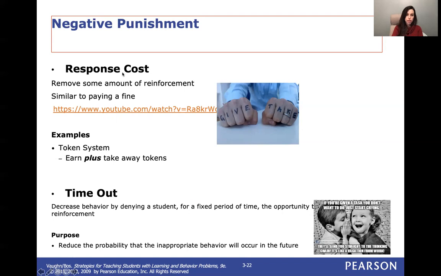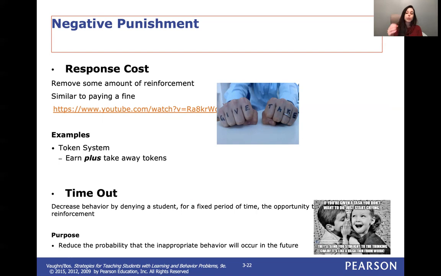Response cost is 1. Basically what you're doing is removing some amount of reinforcement or something they like to decrease that behavior. This is very common in this world. If you've parked in the wrong place at some point in your life, you've gotten a parking ticket, right?